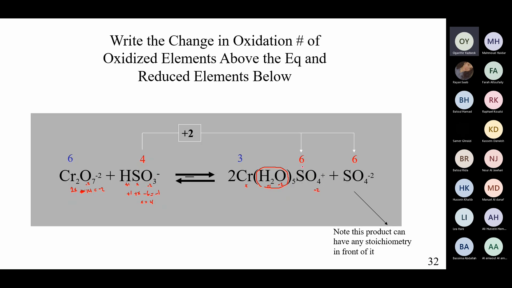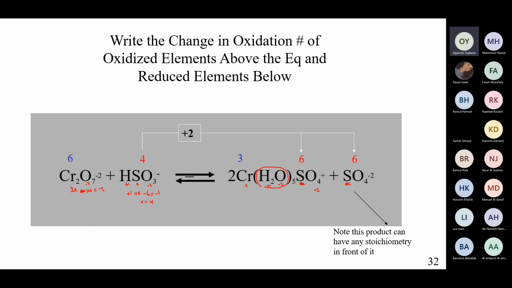And here, this sulfur, I don't know what it is, okay? The one thing that you must watch out for is if I have 2 sulfurs on the product side, which is the case here, that these sulfurs must have the same oxidation number. And so what I'm going to do is solve for this one first, and then put what is the oxidation state for here.